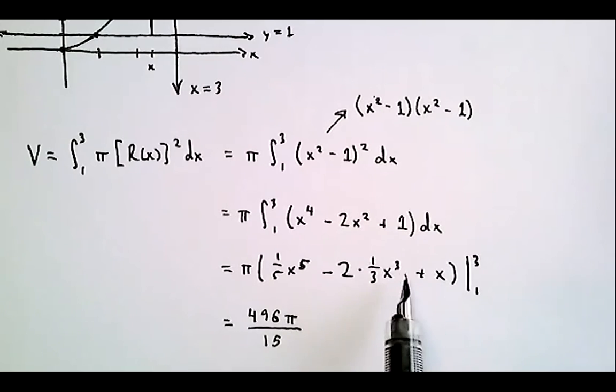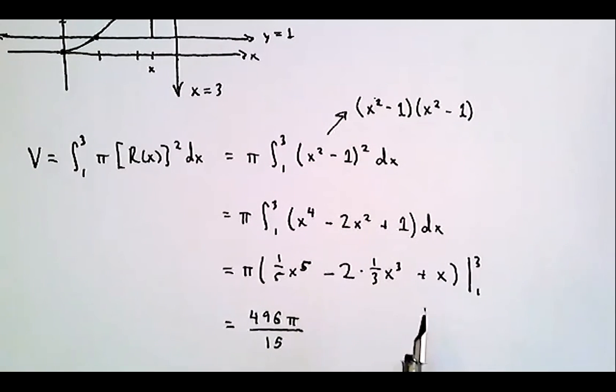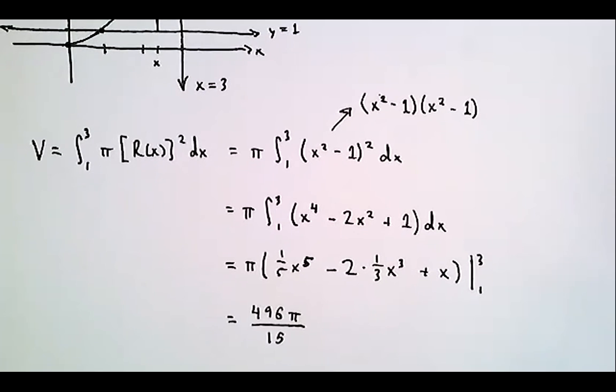So if you are going to do this by hand, which I do recommend that you practice, you would end up having to find a common denominator between 1/5 and 1/3. And that's why you get a 15 down there in the denominator. Any questions over that example?